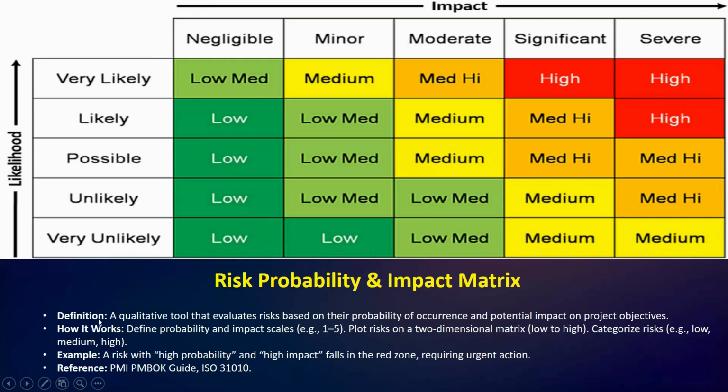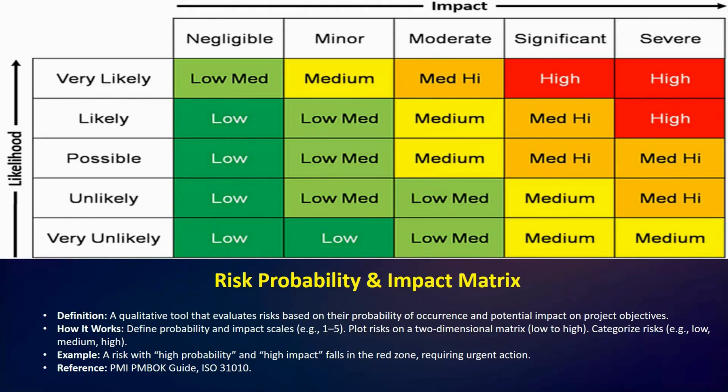Okay, so let's take an overview of the definition. A qualitative tool that evaluates risk based on their probability of occurrence and potential impact on the project objectives. Next, we have how it works. Define probability and impact scale, for example, 1 to 5. Plot risk on the two-dimensional matrix, low to high.